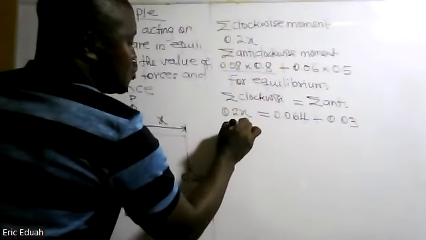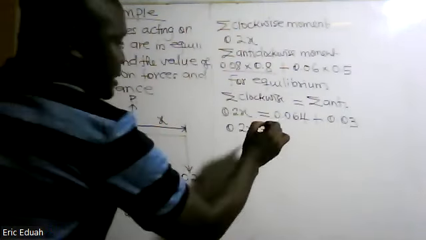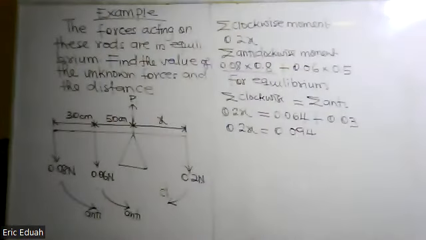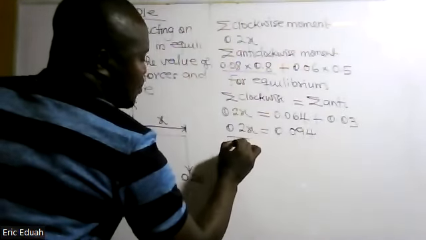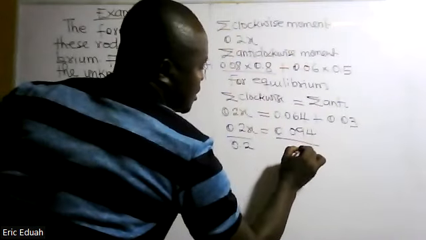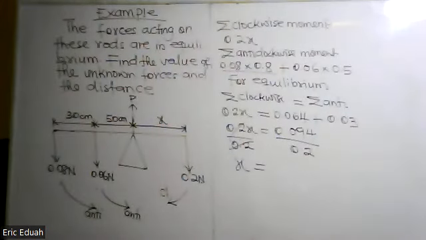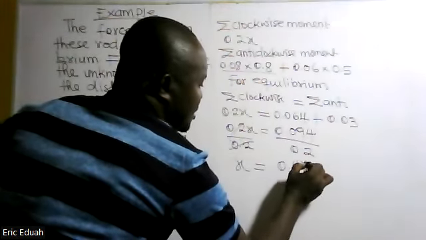So we have 0.2x equal to 0.03 plus 0.064, and this is 0.094. Are we okay? To find x, you divide through by 0.2. X therefore is equal to this divided by 0.2, which is 0.47 meter.